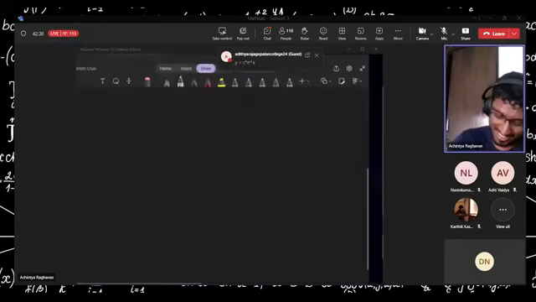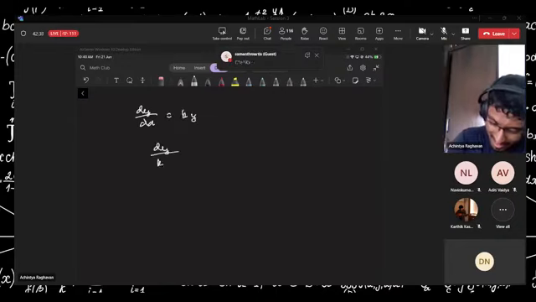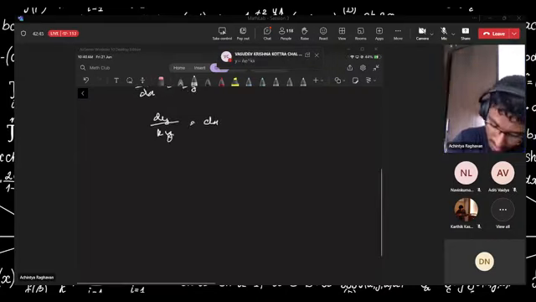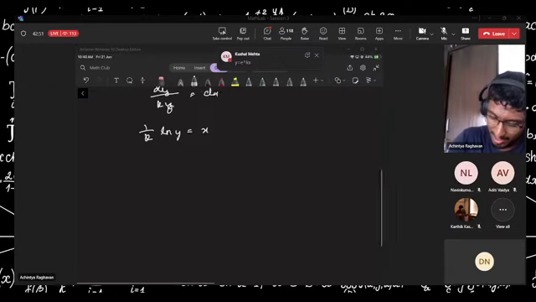So you can solve this. dy by dx is equal to ky. Simplifying, 1 by k integrating, 1 by k ln y equal to x plus c. Remember, the c comes here.